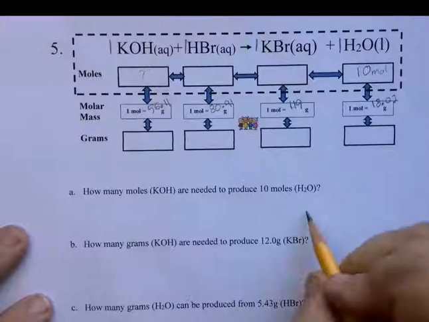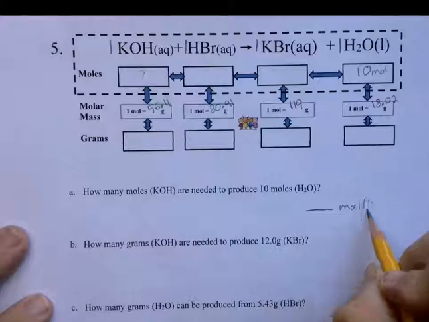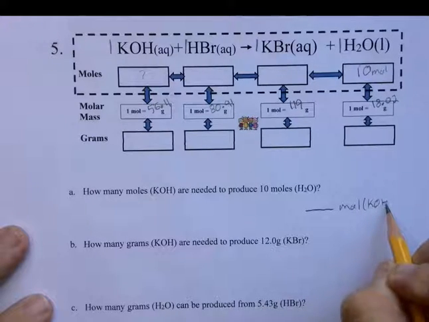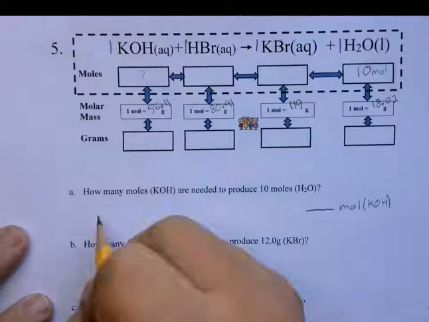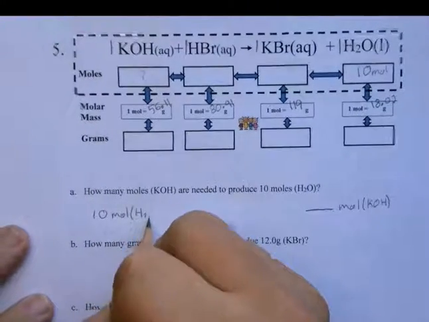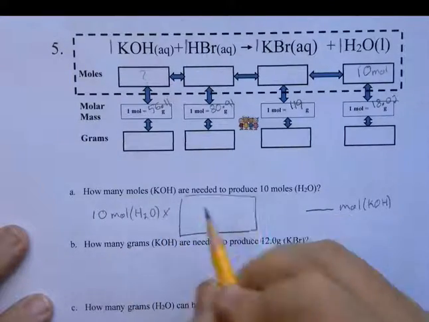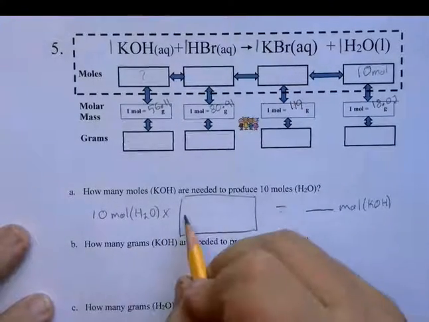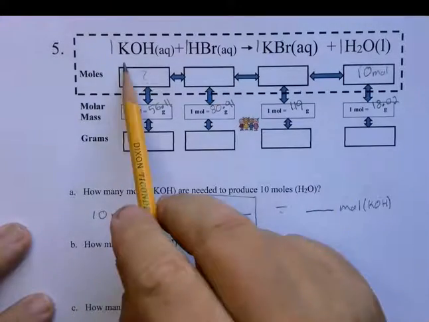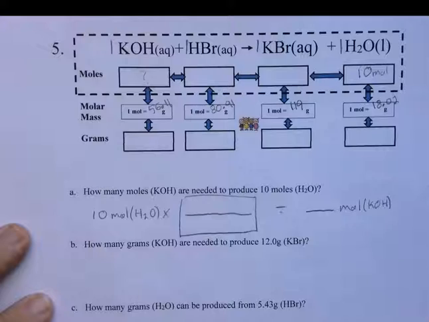Okay, all right. So we start off with what we don't know over here. That's moles KOH. And what we know over here is 10 moles H2O. And we just have one box. Okay. So we have 1 mole of KOH over 1 mole of H2O, or 1 mole of H2O over 1 mole of KOH.